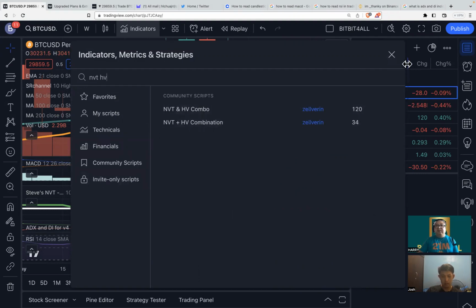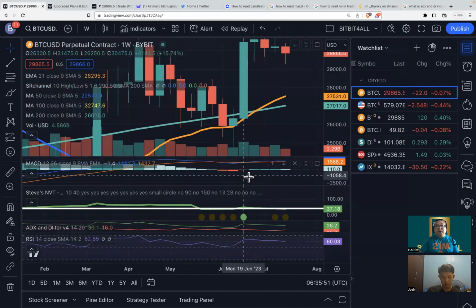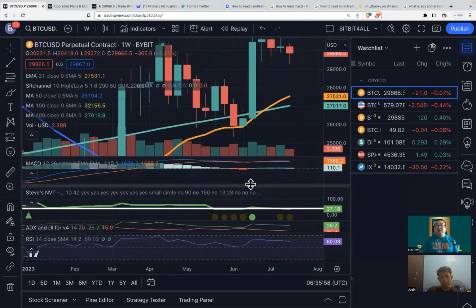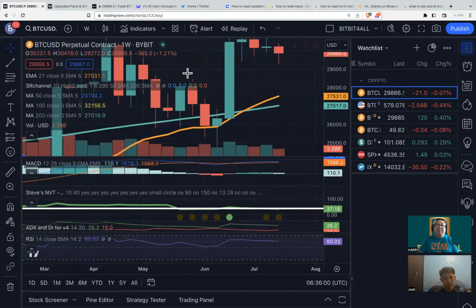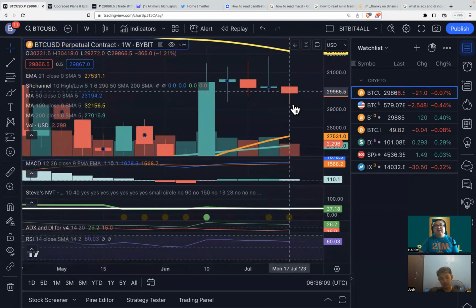Pero yung sa akin kay Steve, custom indicator. So you can add. Actually yun lang ginagamit ko. May mga bearish divergence, may mga kung ano-anong divergence. I don't really use them kasi pang basic lang sa akin.